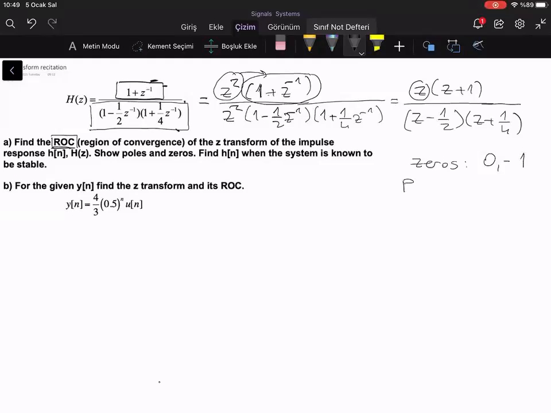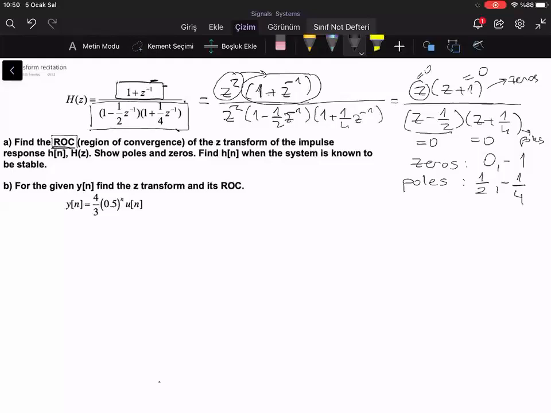How about poles? 1 over 2 and -1 over 4. How do I find it? I equate this to 0. I find zeros here and poles here. I think that part is pretty obvious on your side.